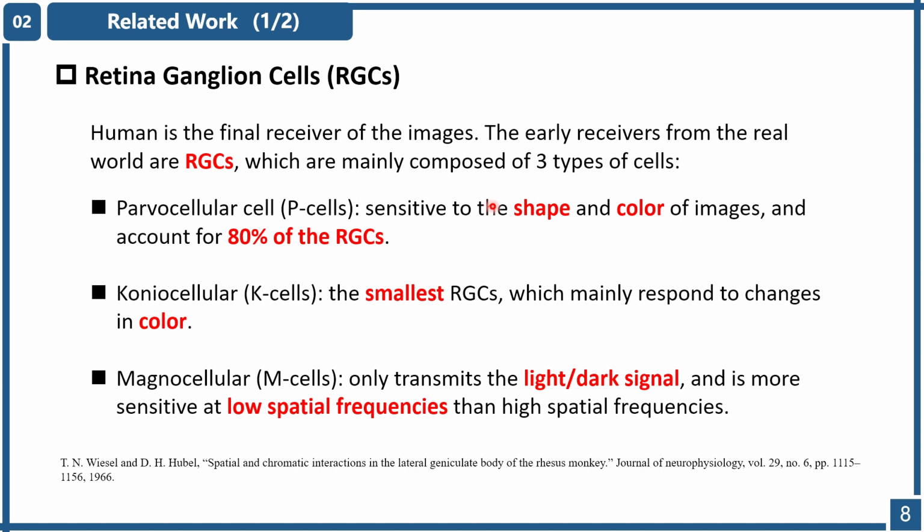These are sensitive to the shape and color of images and make up 80% of all RGCs. Second one is koniocellular, which are called K cells. These are the smallest among RGCs and primarily respond to color change. And the third one is magnocellular, which are called M cells. These cells focus on transmitting light or dark signals and are more sensitive to low spatial frequency compared to high spatial frequencies.